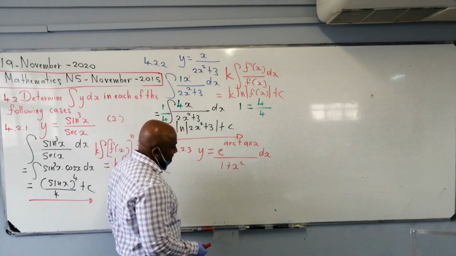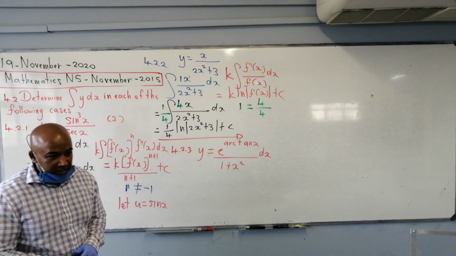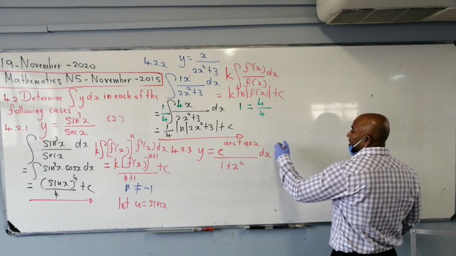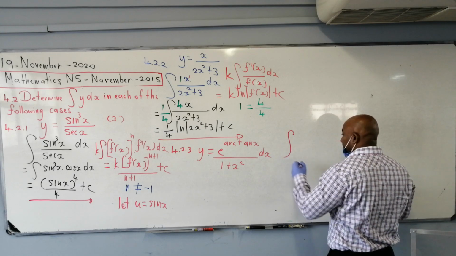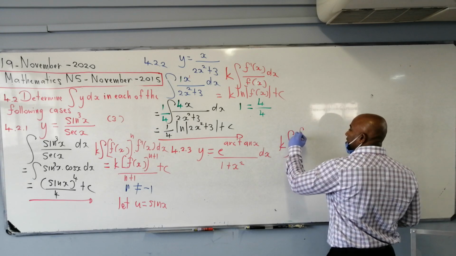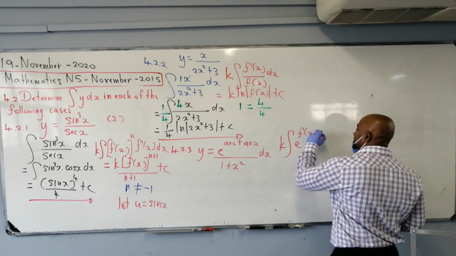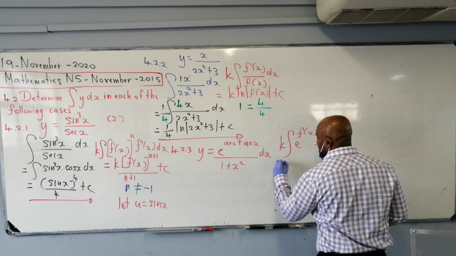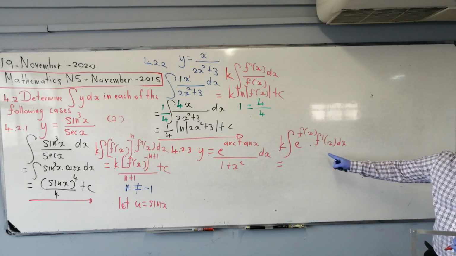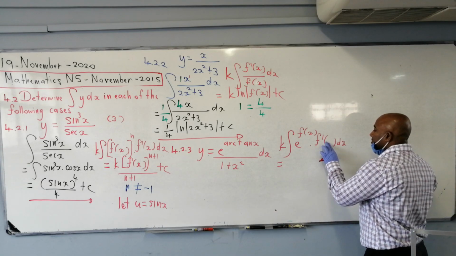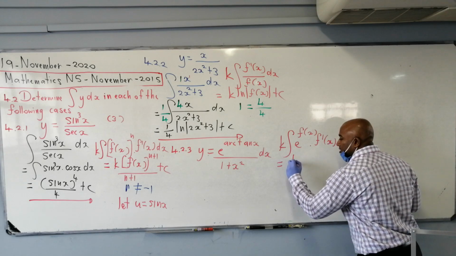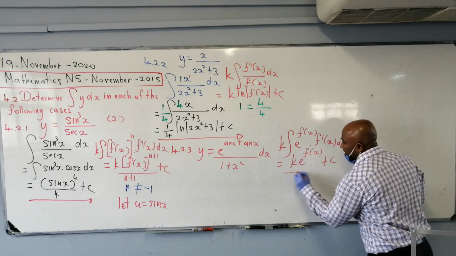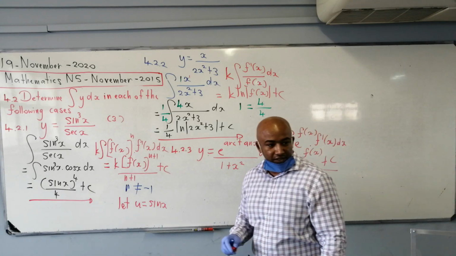So this one where you see e, straight away, this is type C. When you see an e, we are dealing with k e to the power f of x times f prime x dx. And if this is the situation, the answer is just going to be k e to the power f of x plus c by inspection.